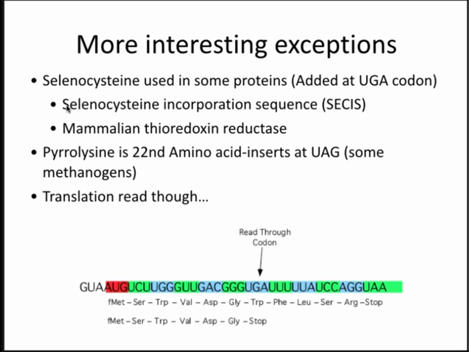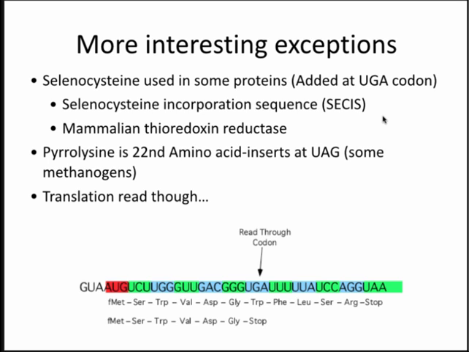What happens is there's a selenocysteine incorporation sequence. The context of the messenger RNA in bacteria after that UGA tells the translation machinery, no, this isn't a stop codon, you want to put selenocysteine in there. An example of a protein found with this is mammalian thioredoxin reductase. That protein is a selenocysteine-containing protein.